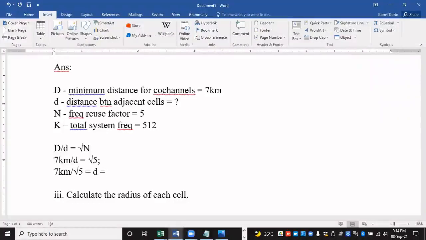So if you take 7 divided by 2.2, you have 3.18. So it's 3.18 kilometers is the distance between adjacent cells. So this will be your answer to this question.